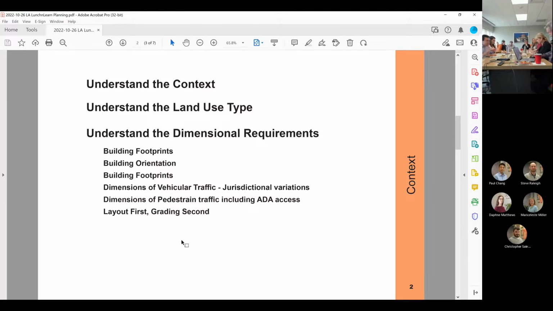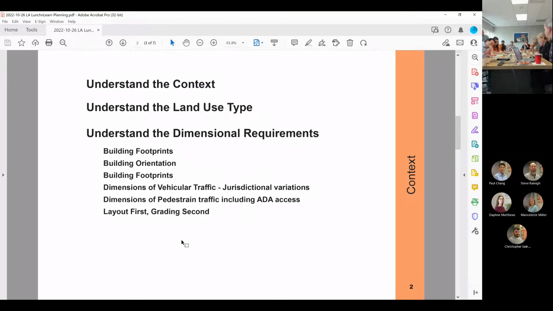But the first thing to really think about is the context of the property that you're working on. What is the land use type? I've broken this down into three approaches. We approach the layout differently depending on the land use.